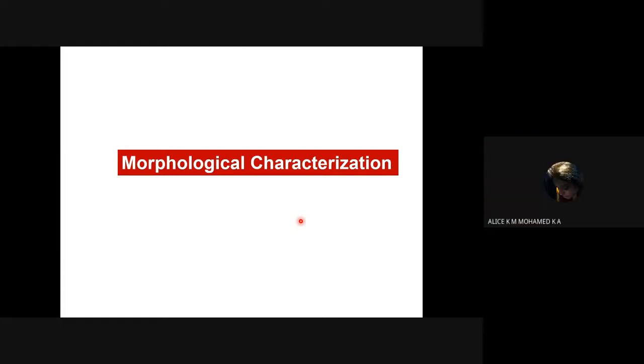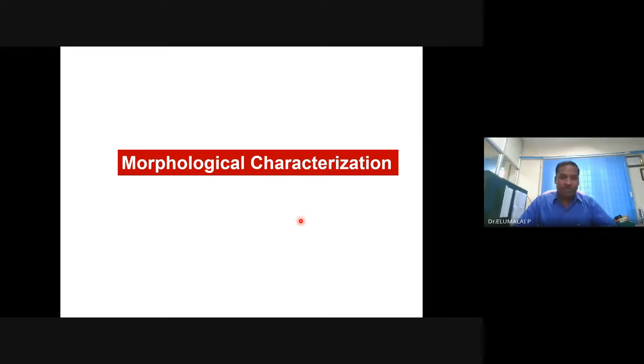Bragg's condition. Yes, the diffraction condition is nothing but Bragg's condition. Very good, Alice. n lambda equals 2d sin theta. This is the Bragg's condition for X-ray diffraction. n stands for the order of diffraction, d is the interlayer distance or layer spacing, and theta is the diffraction angle.